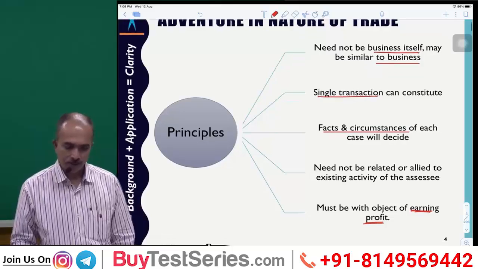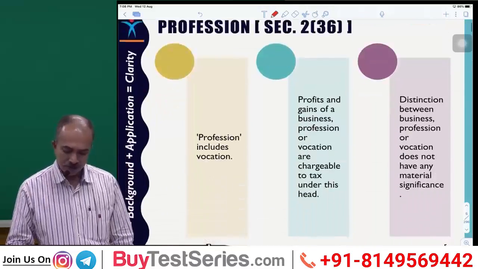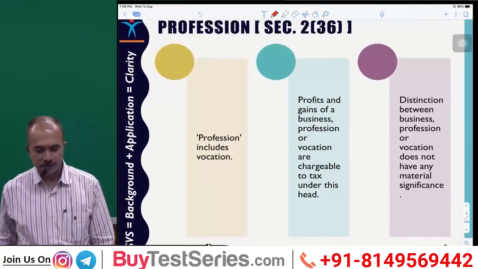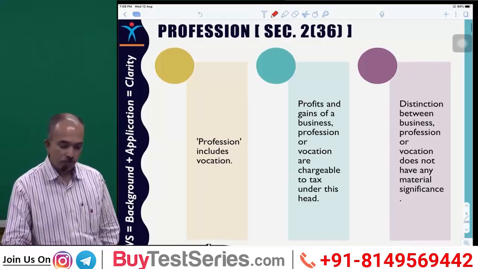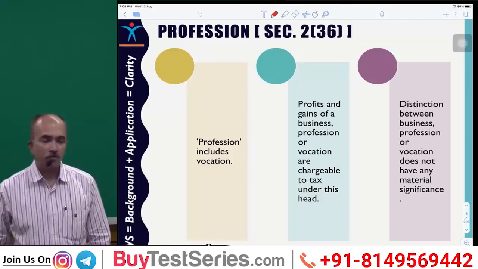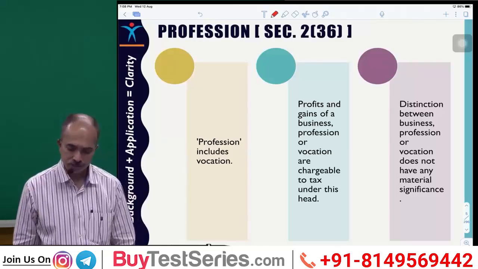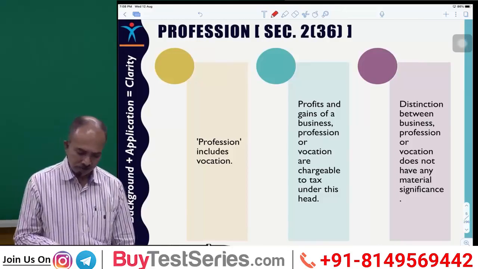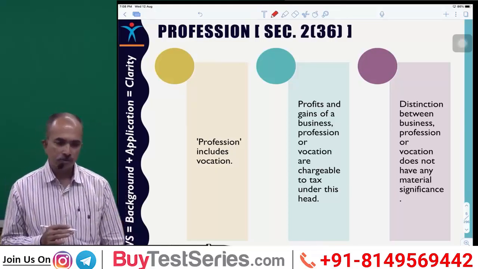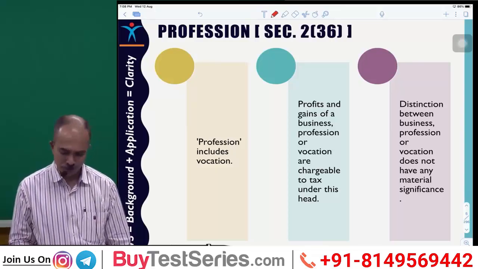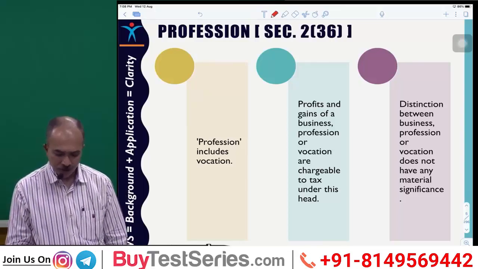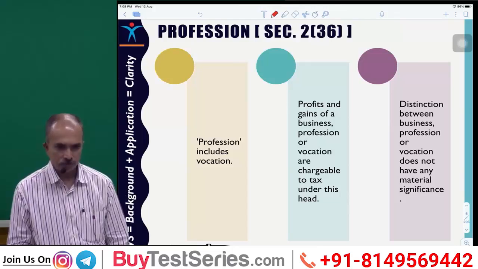Okay. Then going further, having understood business, let's talk of the word profession. Profession is defined in section 2, subsection 36. We have a most hopeless definition of profession. Profession includes vocation. Stop.